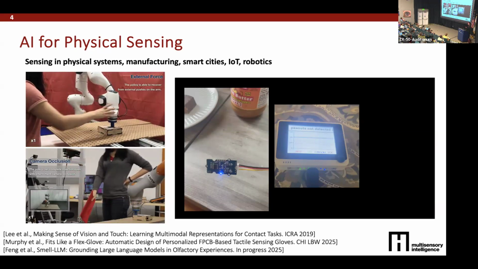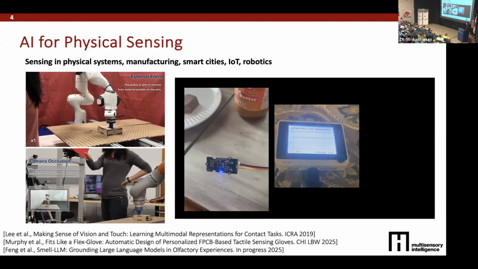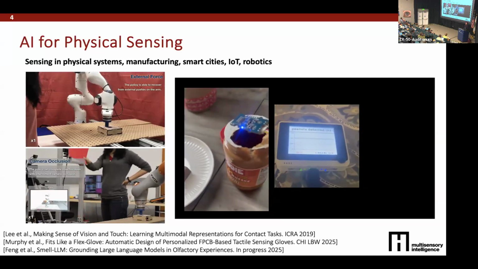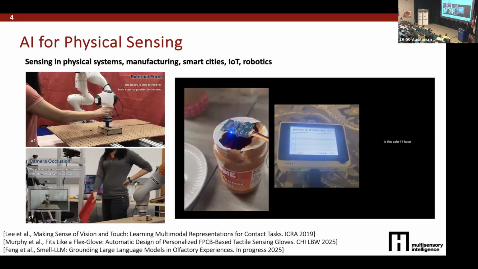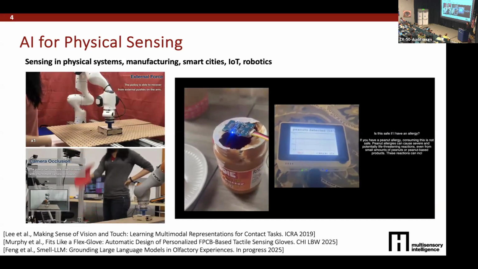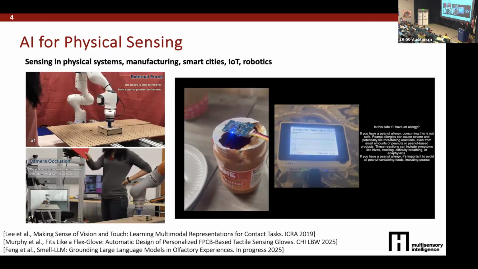And by collecting data and programming this AI chip, it can recognize different substances just based on the gases and smells that they emit. So you can bring this chip to a candy bar, to a jar of peanut butter, and it can detect the presence of peanuts from smell alone without looking at a substance. And of course, that can be very useful for people who might be allergic to peanuts and they might want to put this sensor on things before they start eating them.